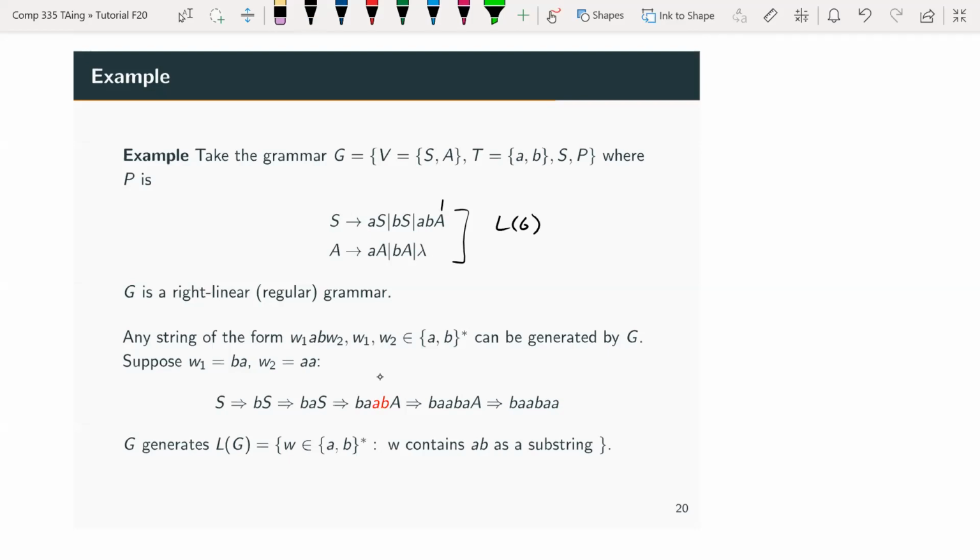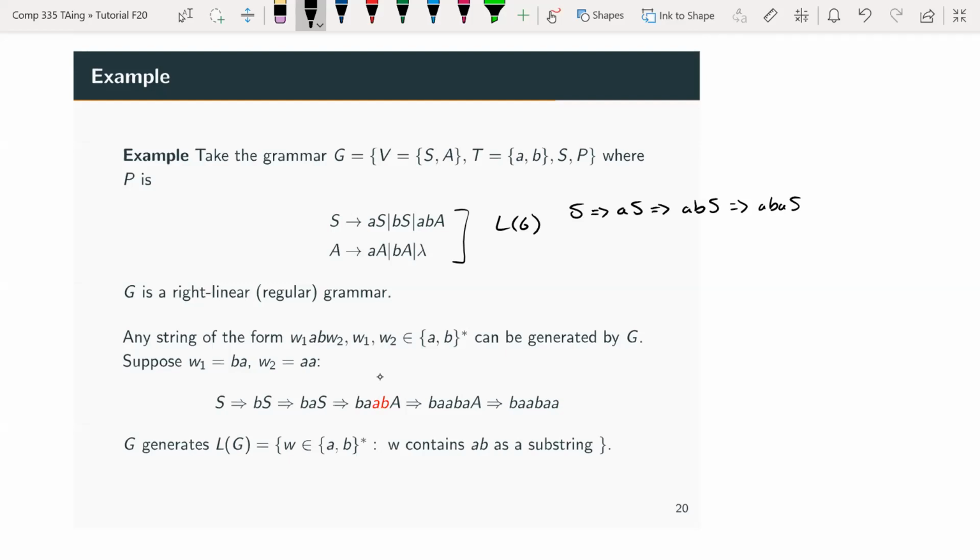So it's easier to see what's going on, and the reason for that is, if you start at S, well, you can stay at S. Notice I'm using the terms like stay at S, like an NFA. You can stay at S and produce any form of a string over {a, b}, right?